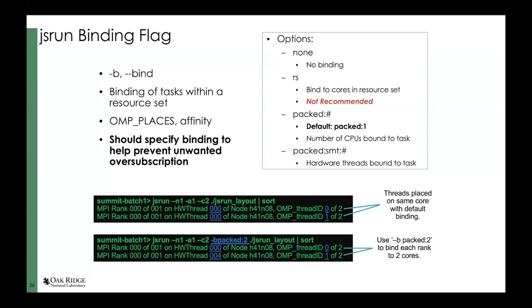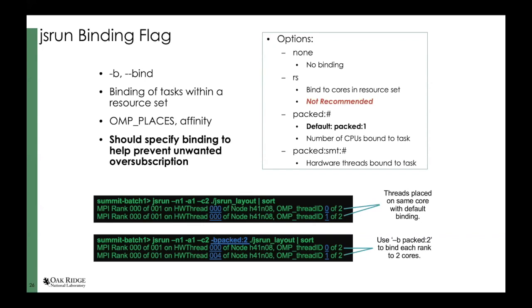And you can see where it placed for that rank. It started 2 threads, but it placed them both on hardware thread 0. So now those threads are sitting on top of each other, and when you run, you will then have a runtime that's most likely longer than you expected because you oversubscribed resources.